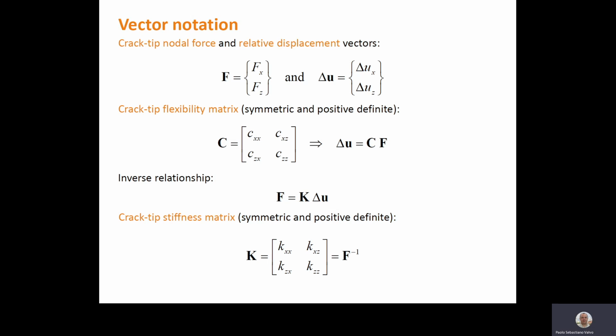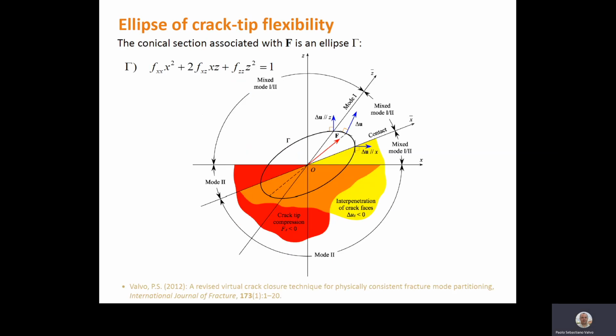We can also consider the inverse relationship, which gives the force F as a function of the relative displacements delta U, where K is the crack tip stiffness matrix, which is again symmetric and positive definite, and it is the inverse of the flexibility matrix C. The conic section associated with the matrix C turns out to be an ellipse gamma, which has been called the ellipse of crack tip flexibility.